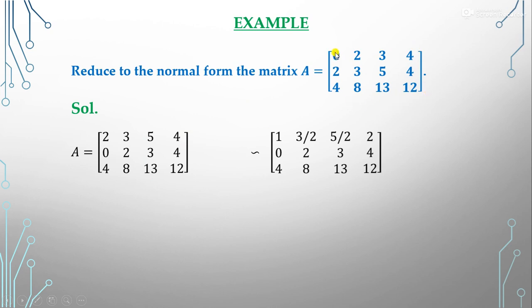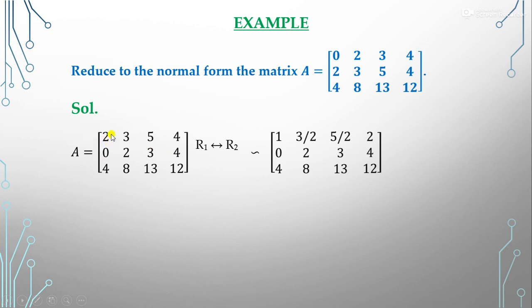For the identity matrix, what must be the first element of the matrix? It should be 1, not 0. So how do we remove the 0 from here? We can interchange the rows. So first we interchange R1 and R2, so our R1 becomes R2 and R2 becomes R1. After that, to make the identity matrix, it should be 1.